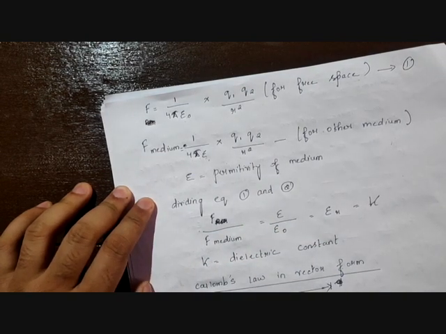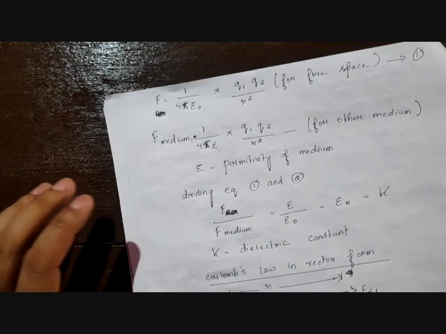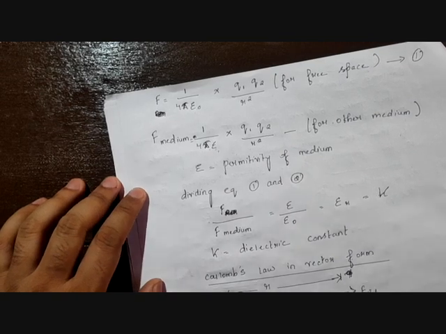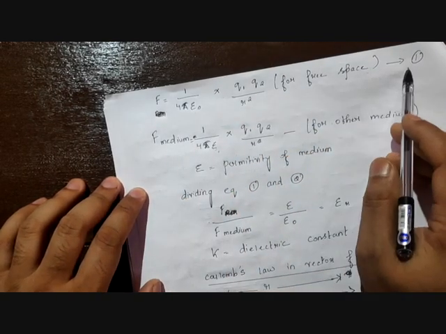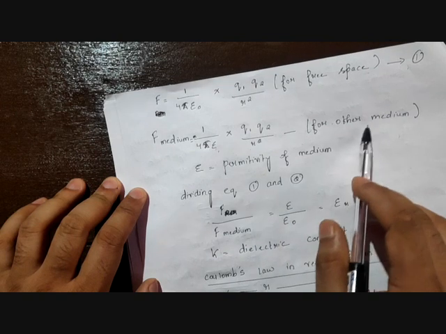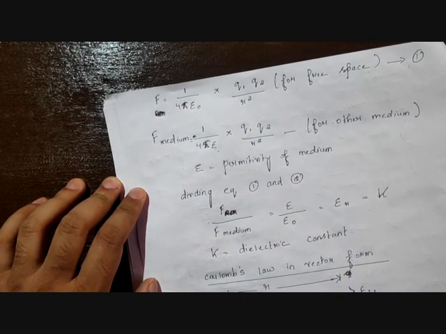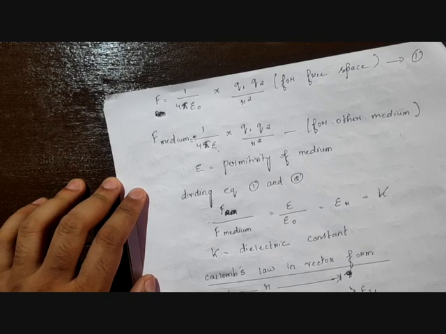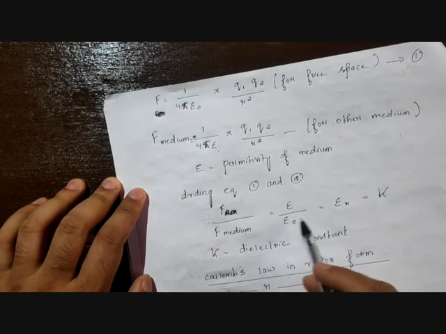So keep in mind that this equation is used only for free space, and this one is for other media. The medium can be different, it can be water, many things, where the charges are placed.